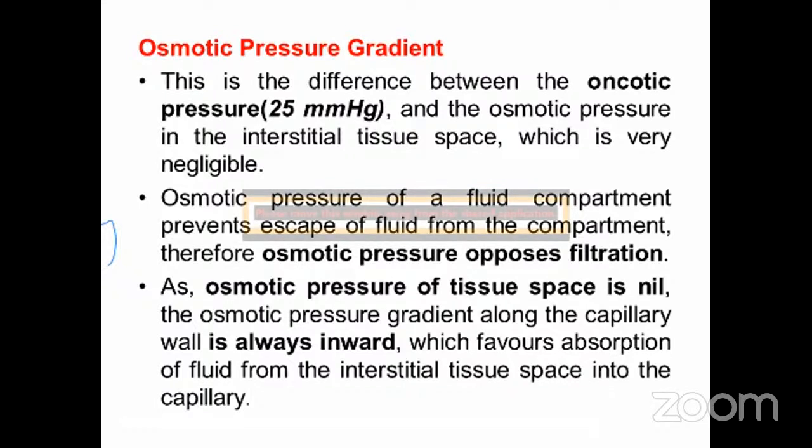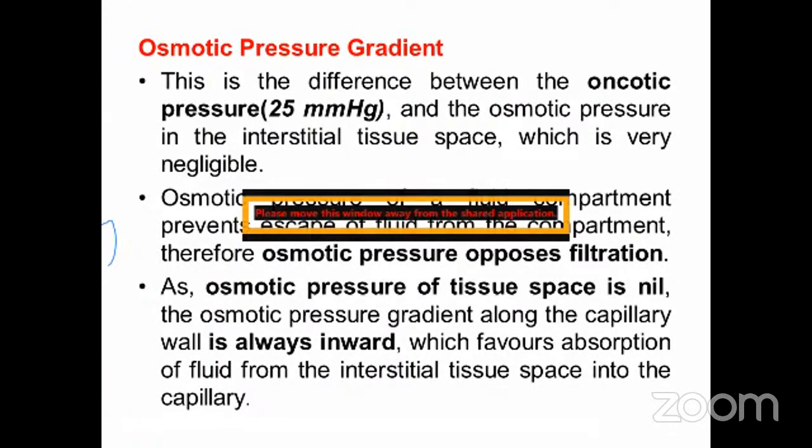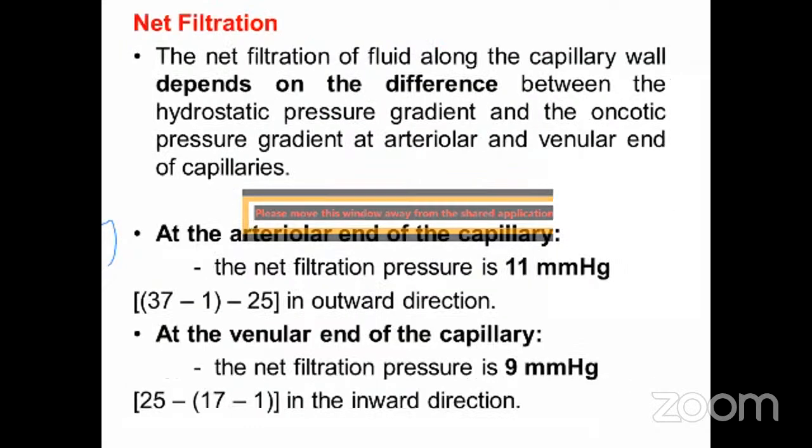Hydrostatic pressure promotes capillary filtration, but osmotic pressure opposes it and helps retain the fluid. The osmotic gradient across the capillary wall is always inward, which favors absorption of fluid from the interstitial tissue space into the capillaries.